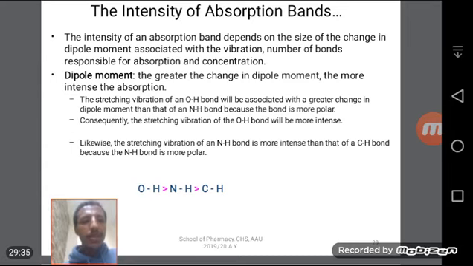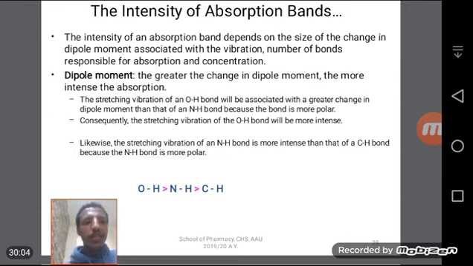The stretching vibration of an OH bond is associated with a greater change in dipole moment than that of a nitrogen-hydrogen bond because the bond is more polar. That means the electronegativity of oxygen is much greater than that of nitrogen, which results in a greater dipole moment change.